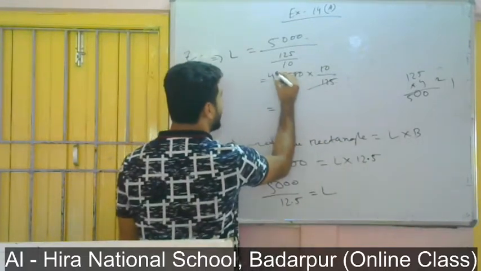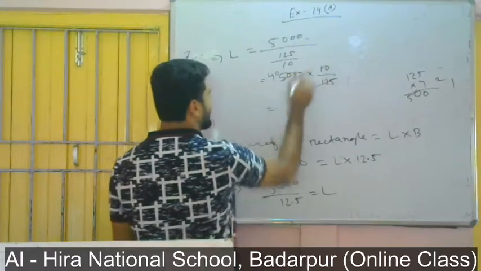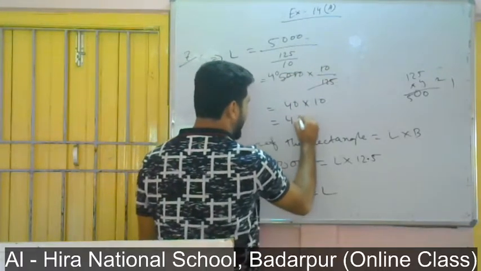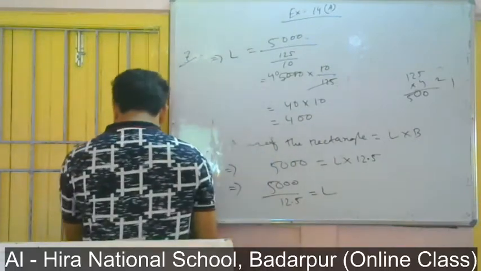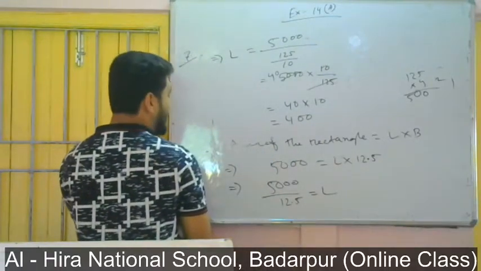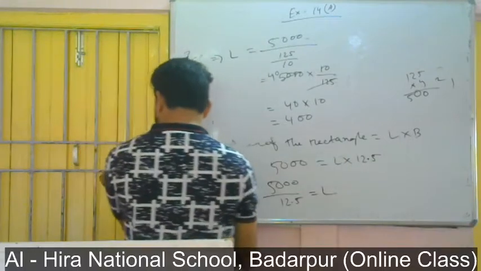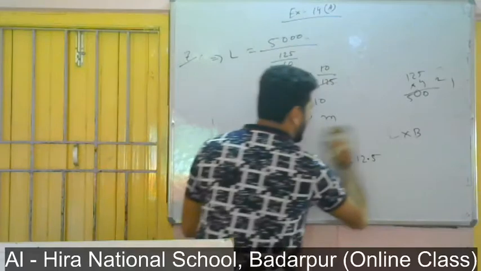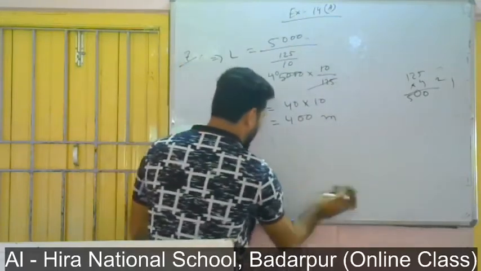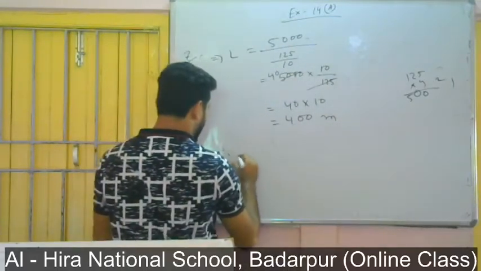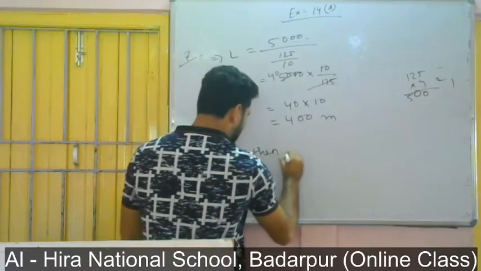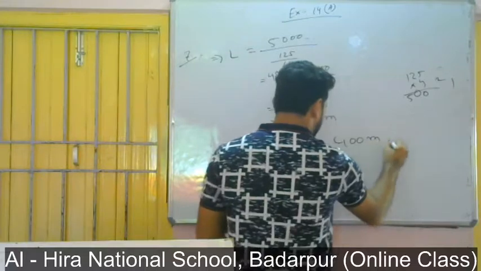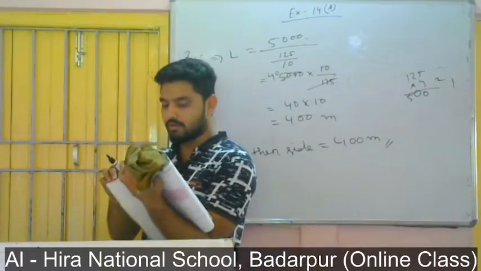Then 40 into 10 is 400. So the other side is 400 meter. Therefore, other side equals 400 meter. That is the answer.